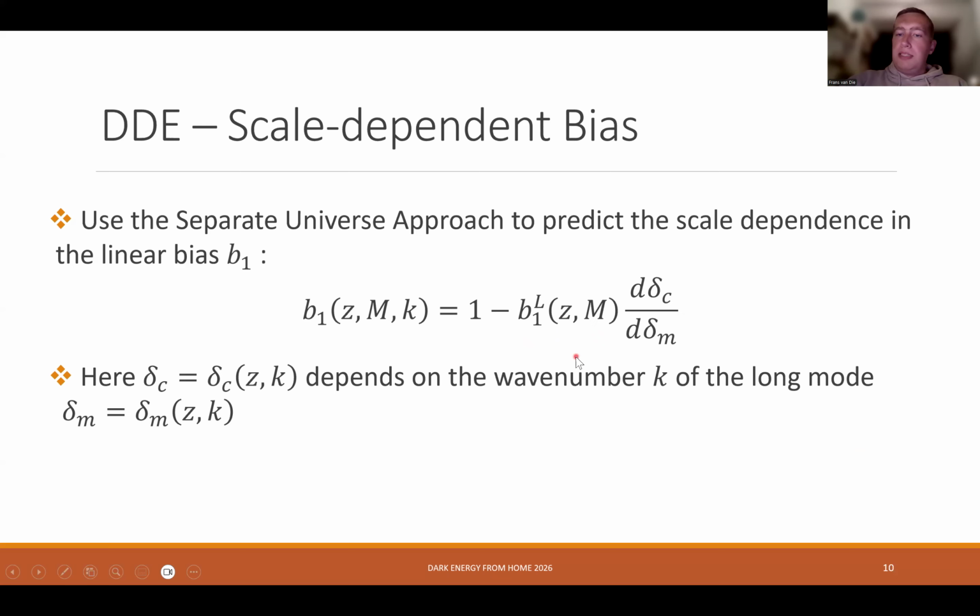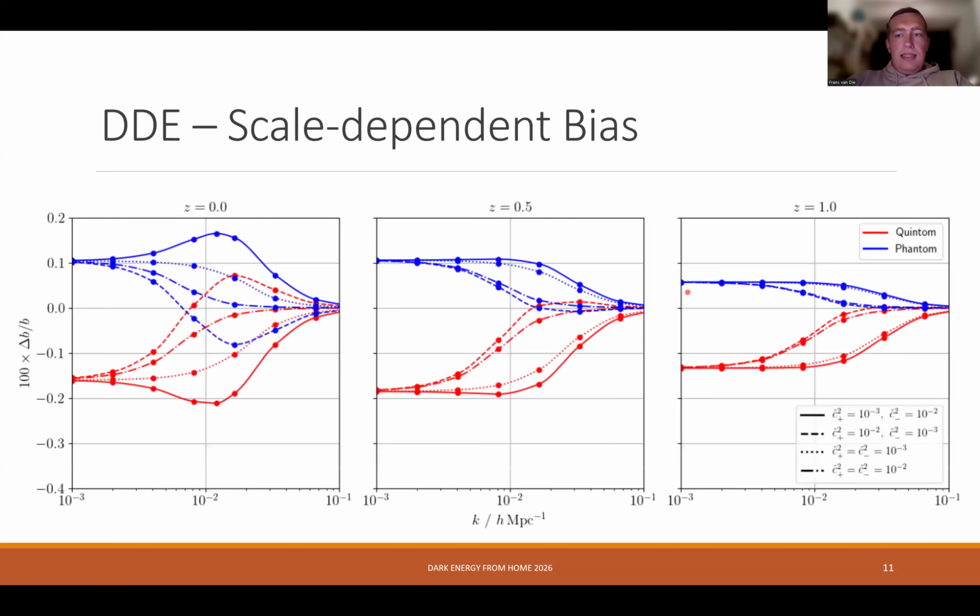And what happens now is that the critical density to collapse becomes a k-dependent quantity, because the wave number k of the long mode affects the matter perturbation.